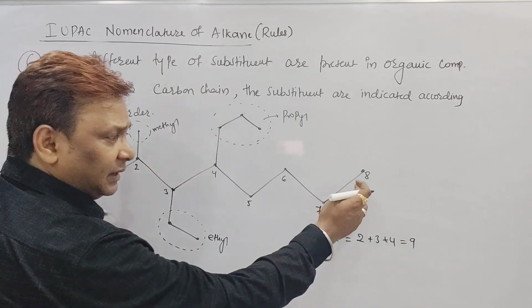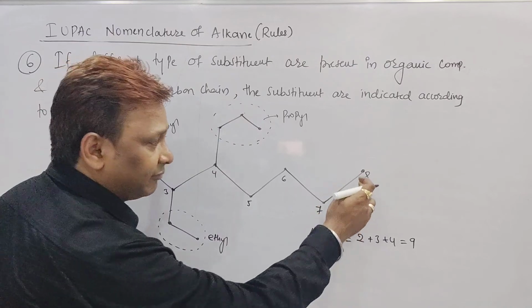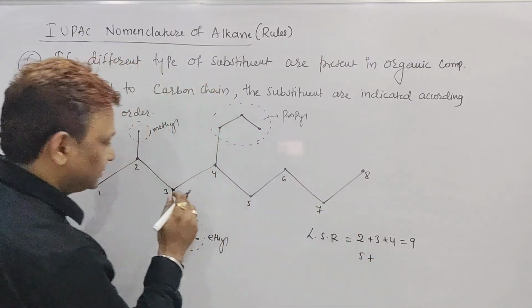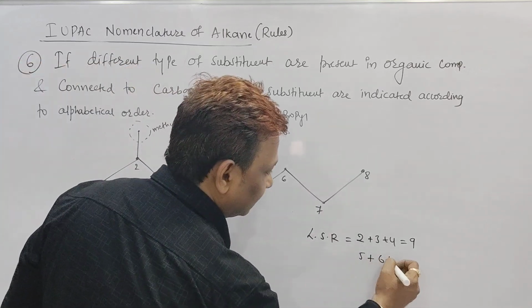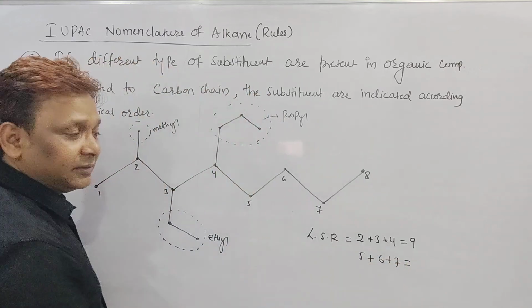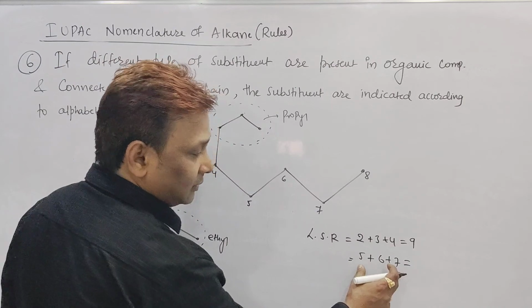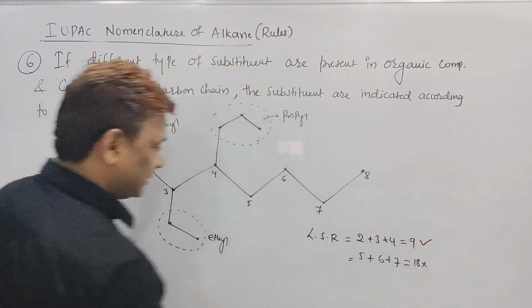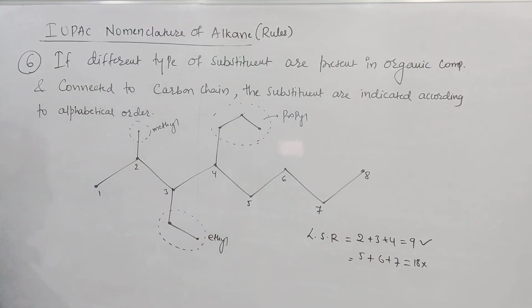But if you give the numbering from right to left, 1, 2, 3, 4, 5, 6, 7, the sum is 12, plus 6, 18. So my numbering is correct.